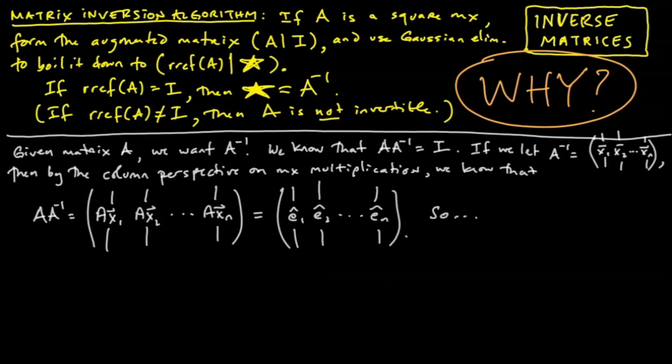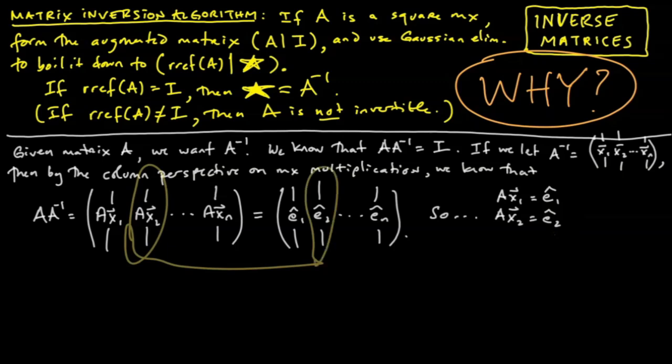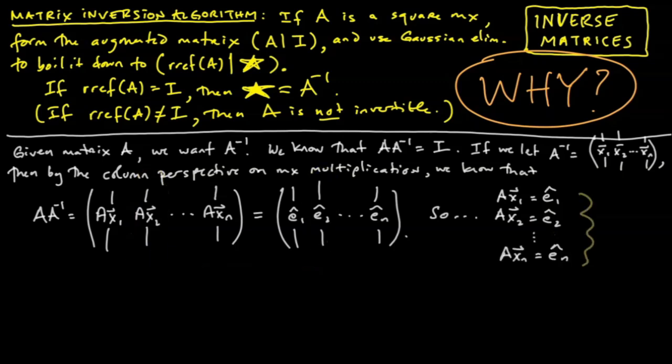So in particular, it would tell us that A times x1 is E1, because the first columns have to be equal, and A times x2 is equal to E2, because the second columns of the matrix have to be equal, and so on all the way down the line. Now, if the backstory here was that we were trapped on some desert island by an evil genius who would not let us off until we had discovered an algorithm for inverting matrices, essentially, we could get off the island now.